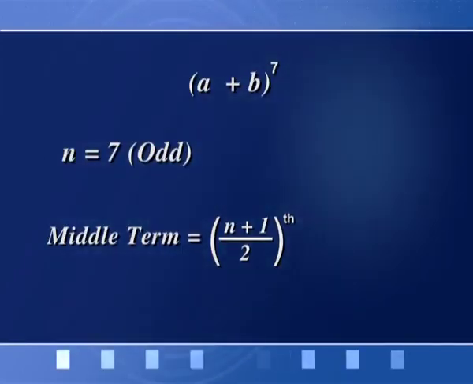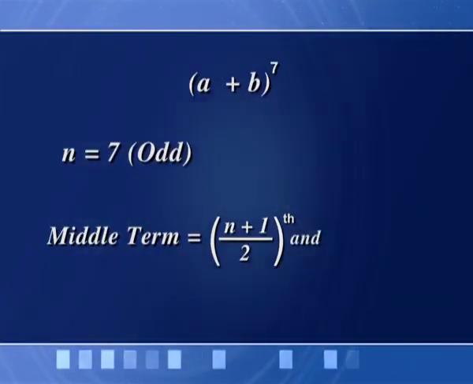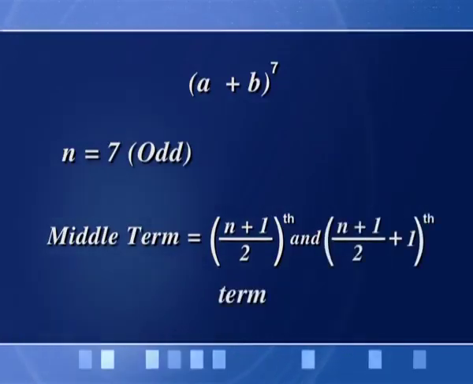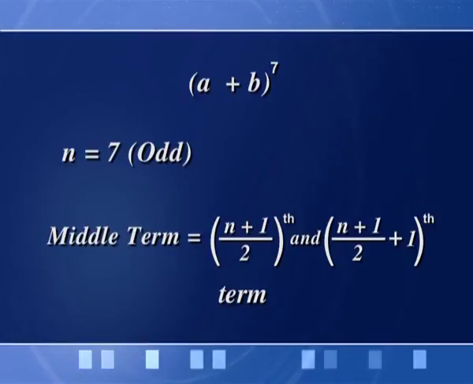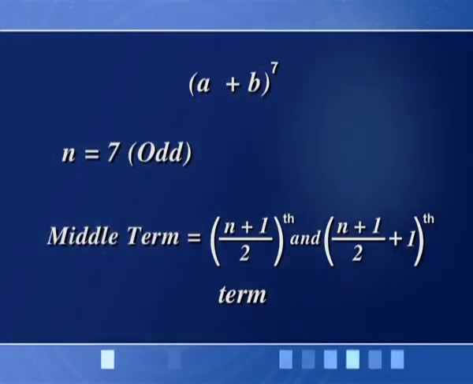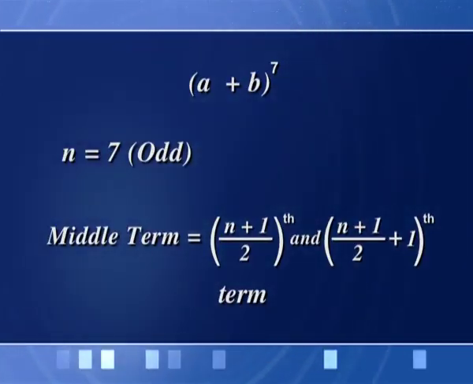Whenever the power is odd, we get two middle terms. The first middle term is the ((n+1)/2)th term, and the second will be one more than this, that is the ((n+1)/2 + 1)th term.